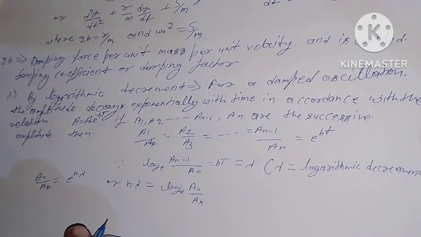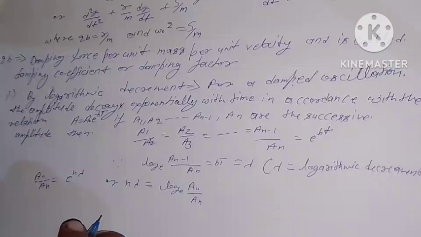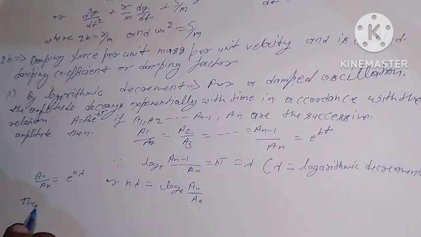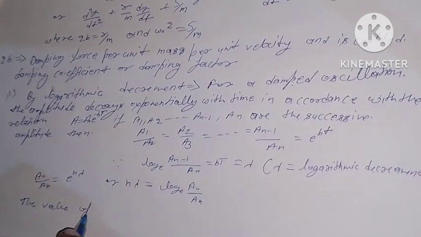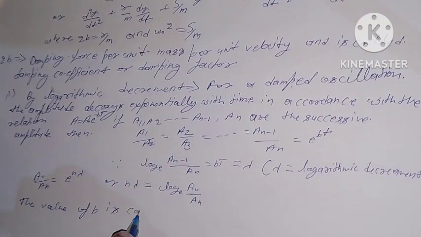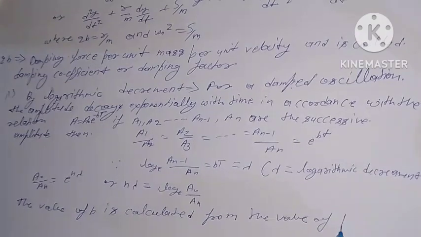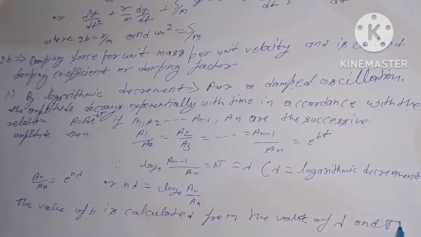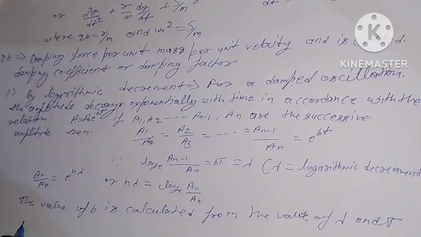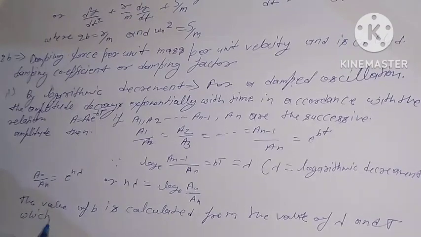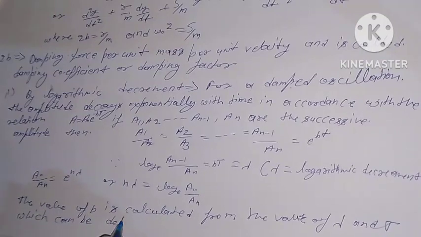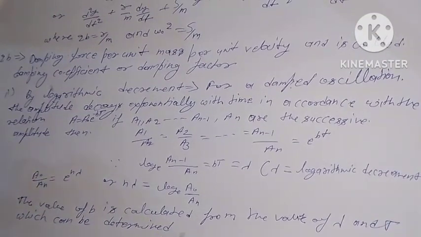The value of b is calculated from the value of λ and T, which can be determined experimentally.